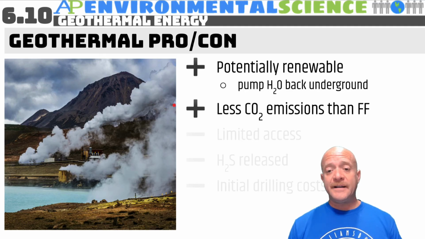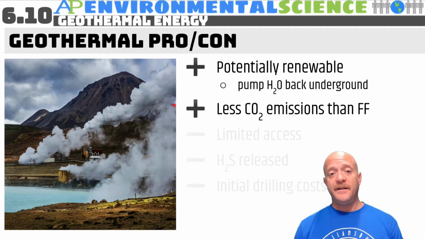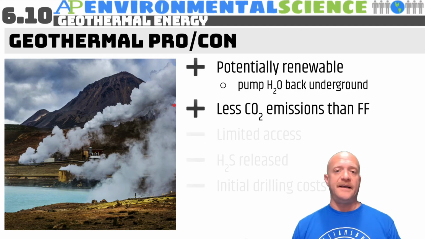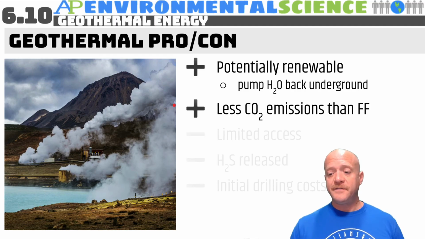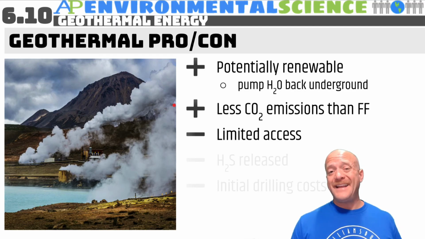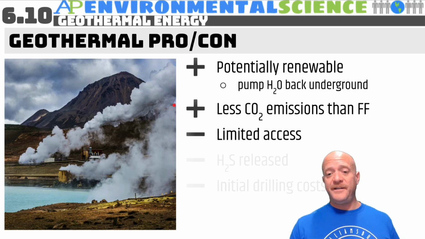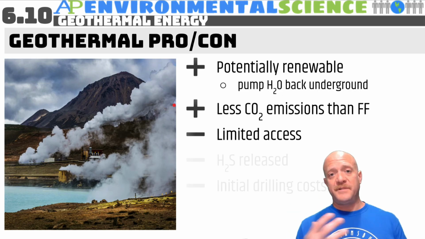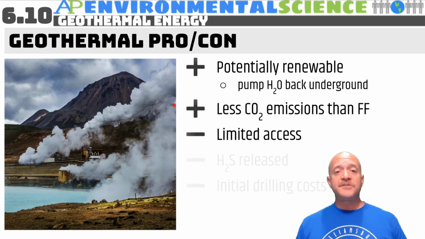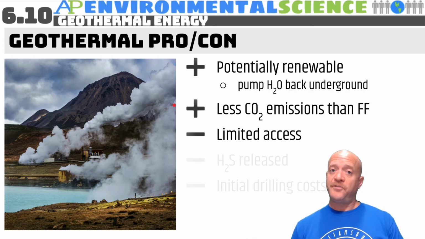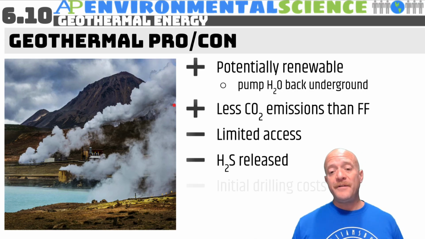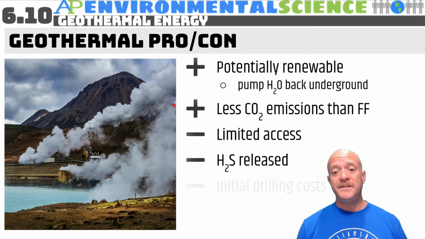There is some carbon dioxide that is going to be released, but it is much less than combustion of fossil fuels. The problem is we have limited access to it. Not every country resides on a tectonic boundary, so they don't necessarily have access to this geothermal energy. Another negative is that hydrogen sulfide is released, which is toxic to organisms on the surface, and it can be toxic to humans.